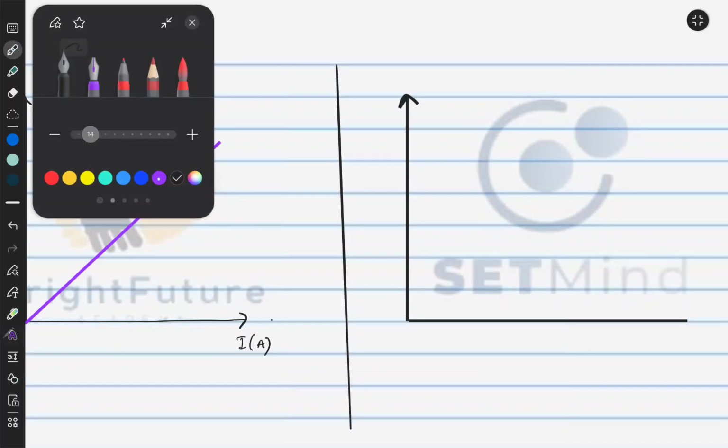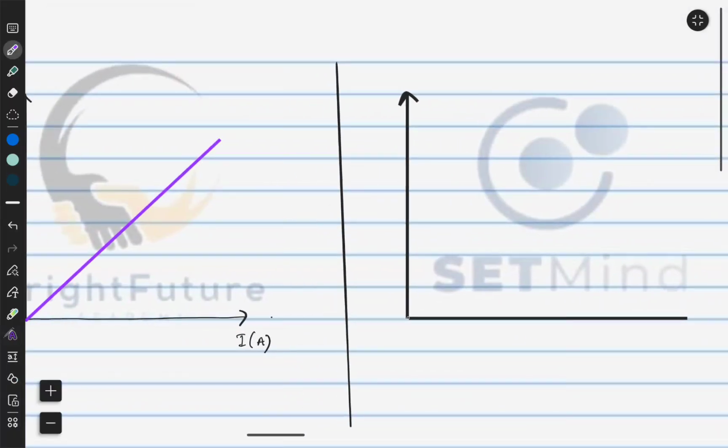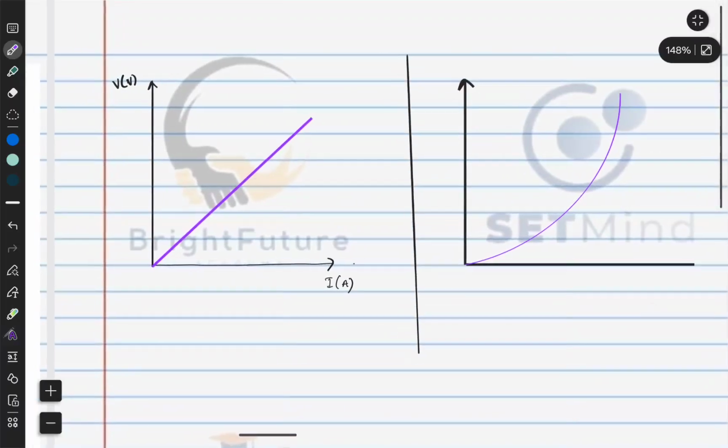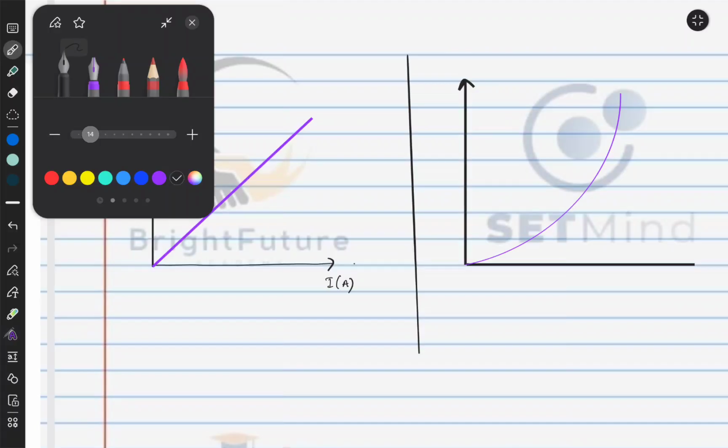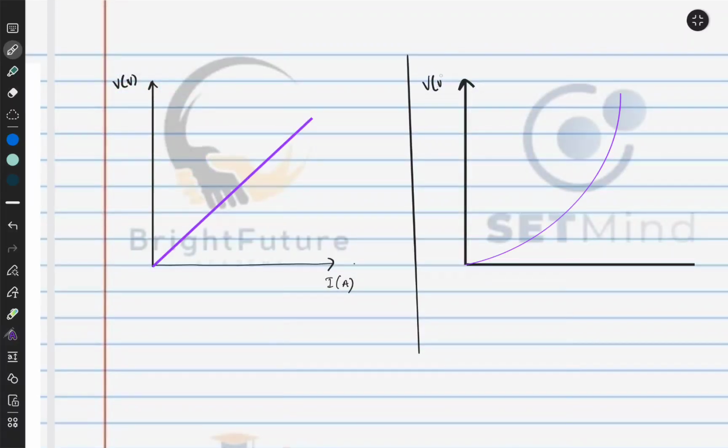So for a non-ohmic conductor, you'd get a curve that looks something like this, right? So that's usually how non-ohmic conductors behave, right? The plots you would get for a non-ohmic conductor compared to that of an ohmic conductor are not the same, but you would be comparing the same things: voltage versus your current.